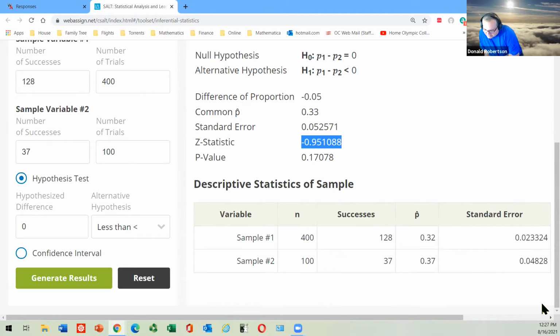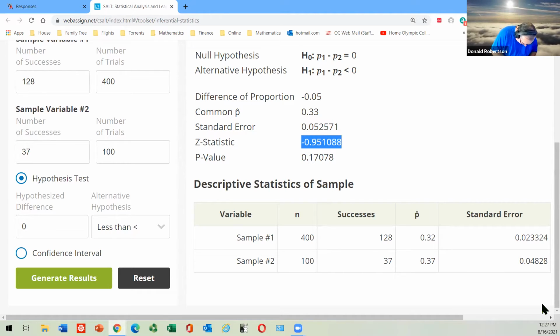Can you remember when we did Z-scores way back in the day? You remember the normal distribution, 0 in the middle, where the average Z-score would be, and then it was 1, 2, 3, minus 1, 2, 3. Z-scores are a kind of reflection on how unusual a particular set of data is. For instance, if the Z-score was 3, wouldn't you be saying, oh, outlier, weird? Now, in this case, negative 0.95.